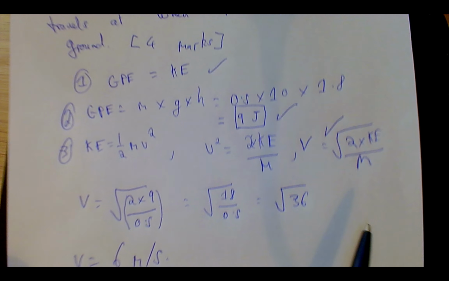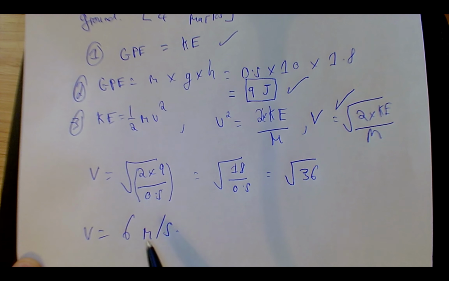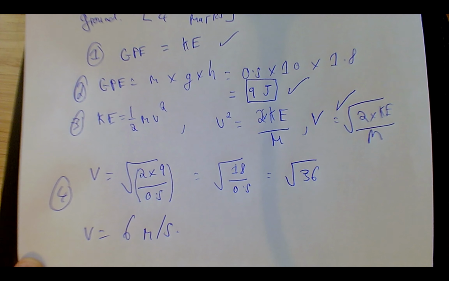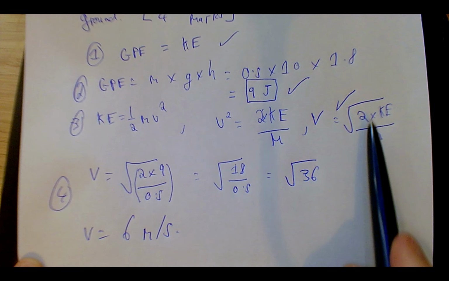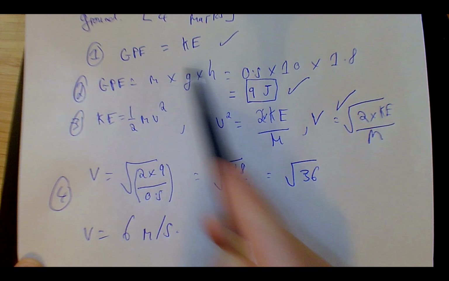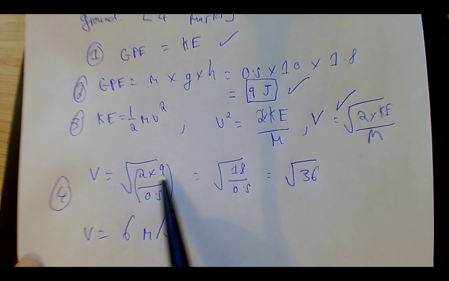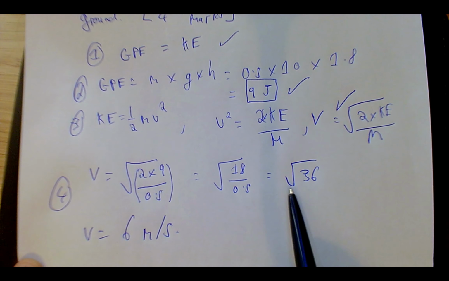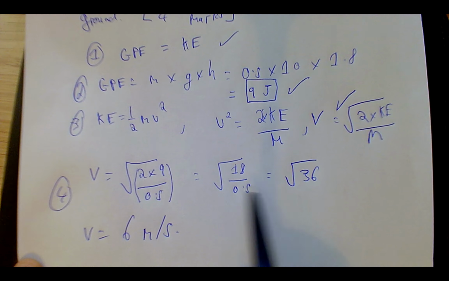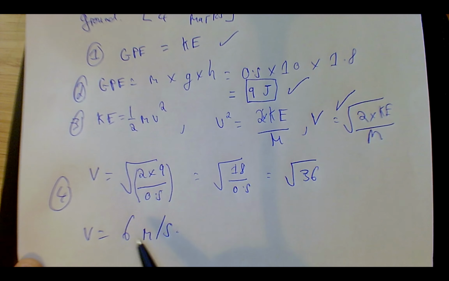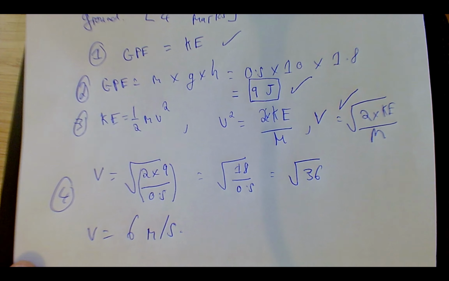That leads us to velocity, putting in the numbers. So it's 2 times our kinetic energy from before, which is 9, which gives us the square root of 18 divided by a half, which is the square root of 36. Beautiful number, 6 meters per second. And breathe.